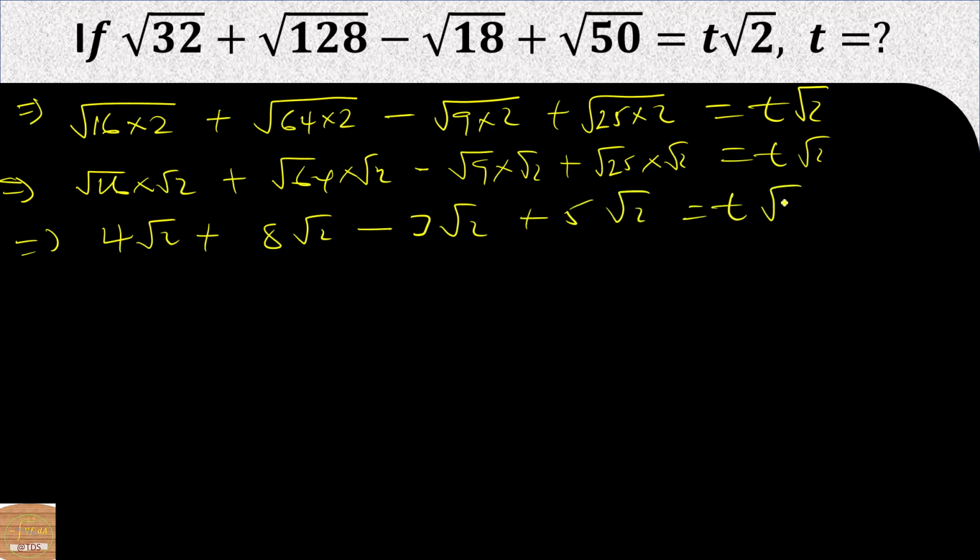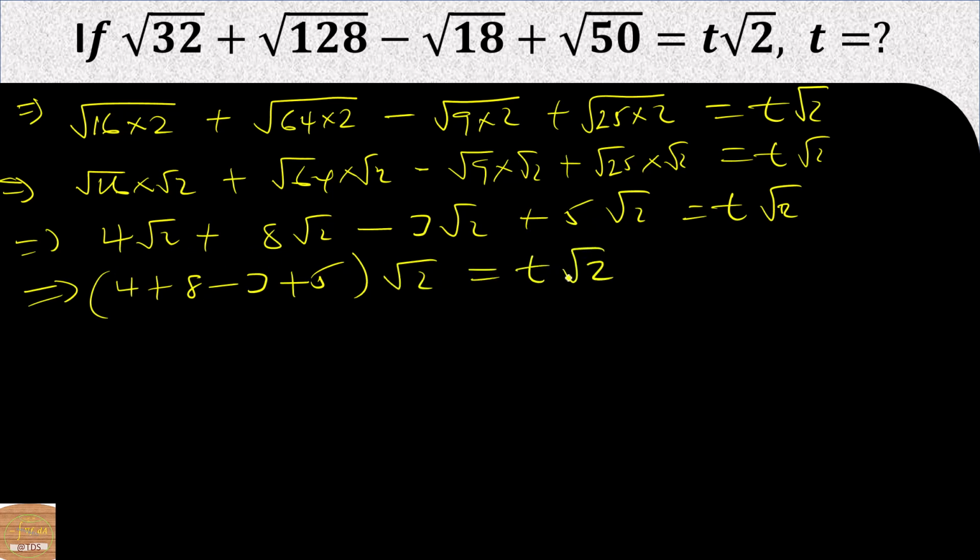Okay, so let's sum the left hand side since they have the same form. So we can say 4 plus 8 minus 3 plus 5, equal to t√2.